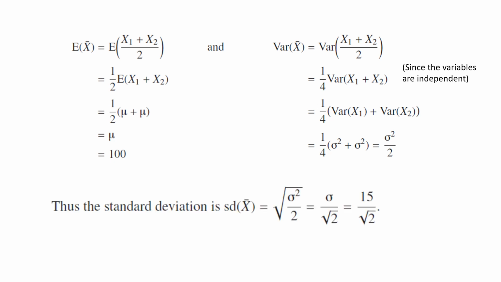All right, so for this sampling distribution x bar of samples of size 2, our expected mean value is equal to the expected value of the population, which is 100, but the standard deviation is the standard deviation of the population divided by root 2.